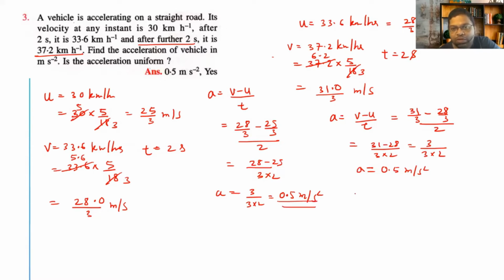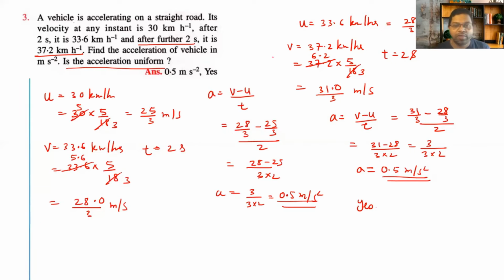So both times you get the same answer. So the answer is, find the acceleration of the vehicle. So we got it as 0.5. And is the acceleration uniform? So yes. Why is it called uniform? Uniform means something that remains unchanged, and that is remaining unchanged over here.